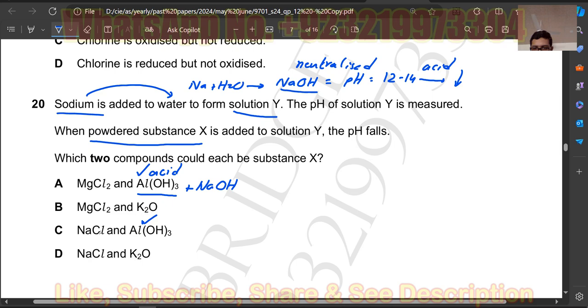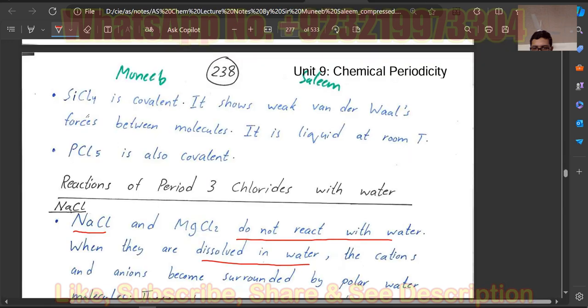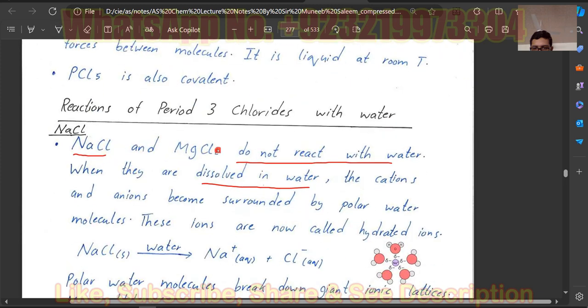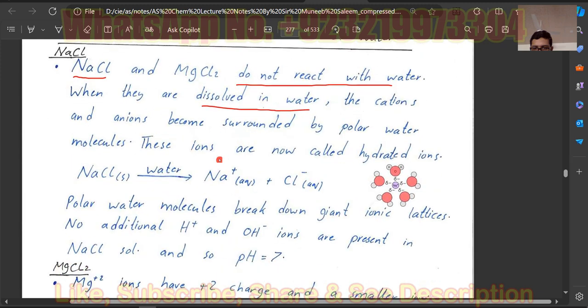Now about sodium chloride and magnesium chloride. I told you already that sodium chloride can dissolve, but the pH value of the NaCl solution is 7. We just saw earlier that NaCl, when dissolved in water, does not react, but it only dissolves to give a pH of 7.